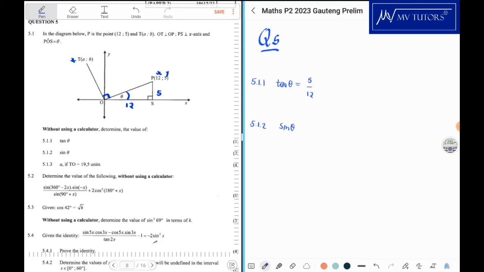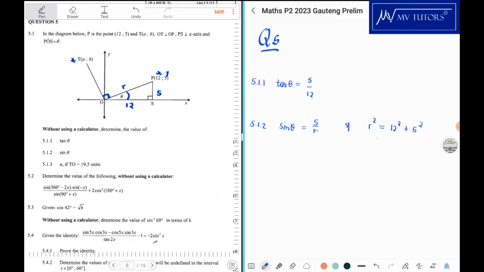Alright, so in order for us to get sine theta, we're going to need the hypotenuse. So our r value there, what would that be? Okay, because we know with sine theta, we have opposite over hypotenuse. Now with the hypotenuse, we say r squared is equal to x squared, which is 12 squared, plus 5 squared.